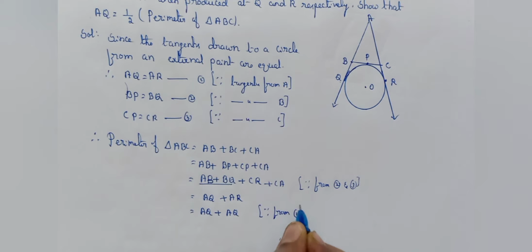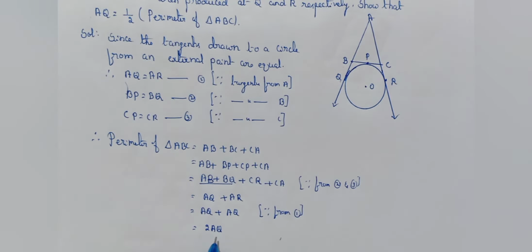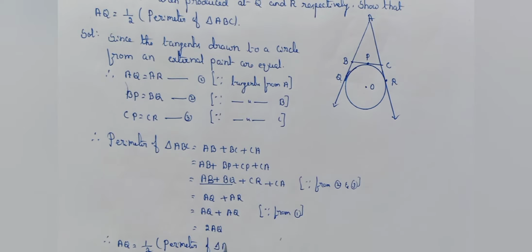So AQ plus AQ is 2AQ. The perimeter of the triangle ABC is equal to 2AQ. Therefore, AQ is equal to half of the perimeter of triangle ABC.